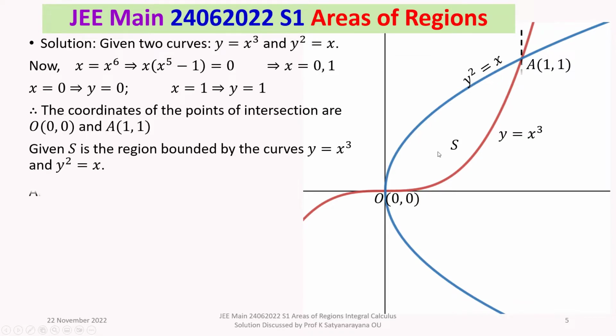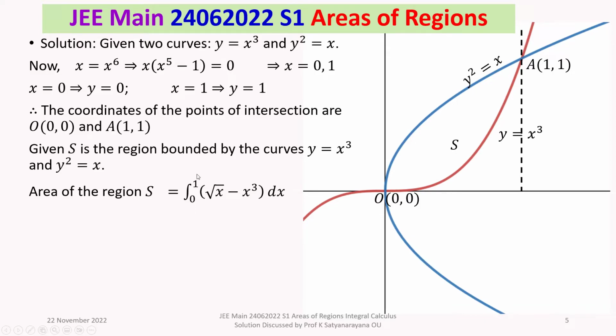So what is the area of the region S? To know the area of the region S, we have drawn a line x is equal to 1. So this is integral 0 to 1, with upper curve y is equal to root x minus the lower curve y is equal to x cube.